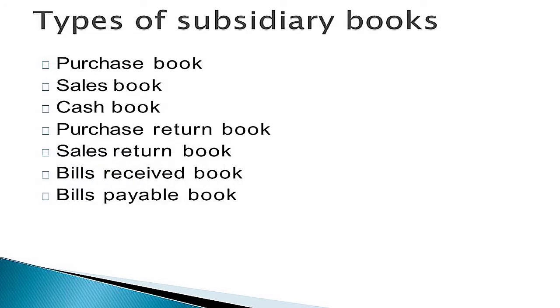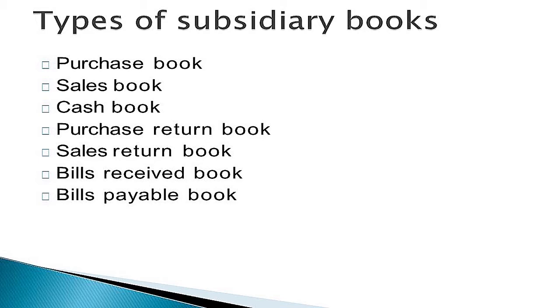Subsidiary books types: purchase book, sales book, cash book of 4 types: single column, double column, 3 column, petty cash book, purchase returns book, sales returns book, bills receivable book, bills payable book. The company's transactions related to credit purchases, we directly enter in purchase book. Transactions related to credit sales, we directly enter into sales book.